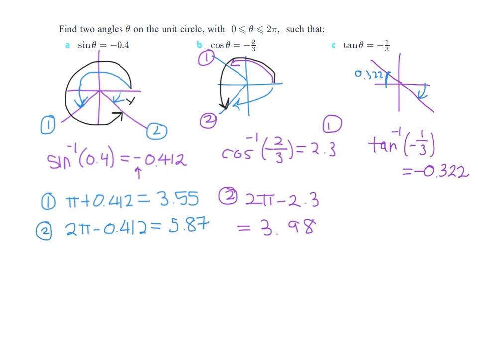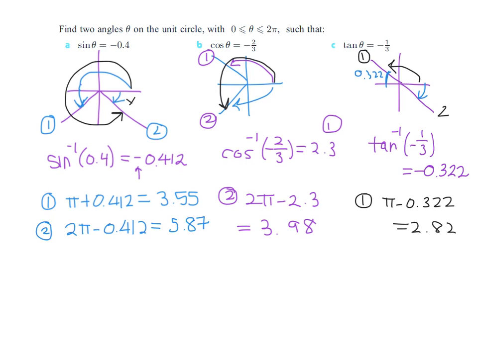So in order to find the first angle, we need to subtract from pi. Pi minus 0.322 will return this black angle. So the first one will be pi minus 0.322, which then returns the value of 2.82.